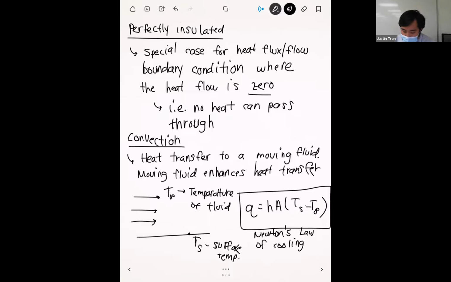Okay. So let's go ahead and define the terms of this equation. Or actually, we have a lot of these already, but let's define them in terms of what you actually need to specify in Ansys. Okay.